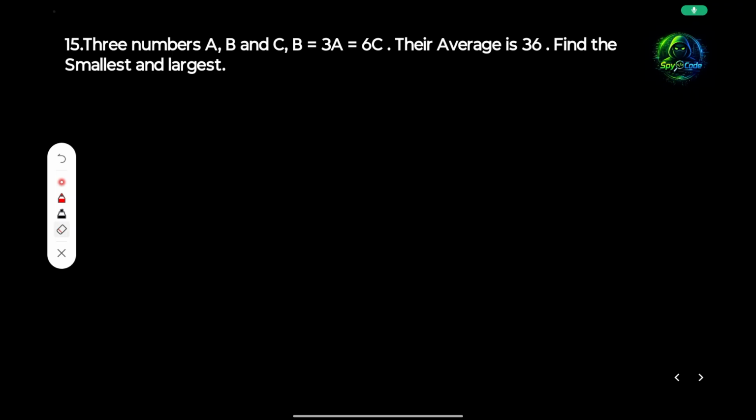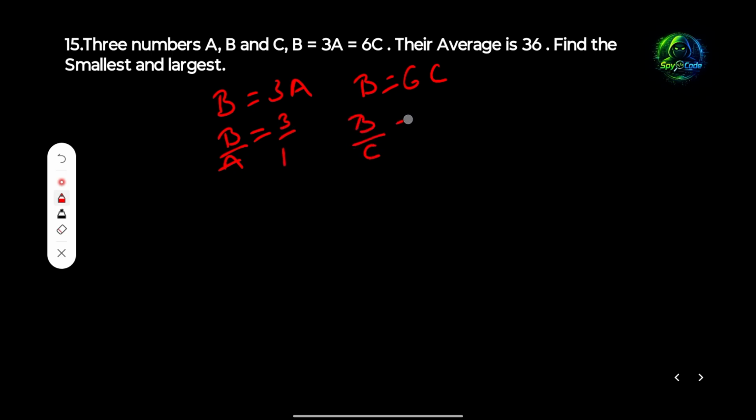Three numbers A, B and C. So B equals 3A, and also B equals 6C. So B by A equals 3 by 1, and B by C equals 6 by 1.